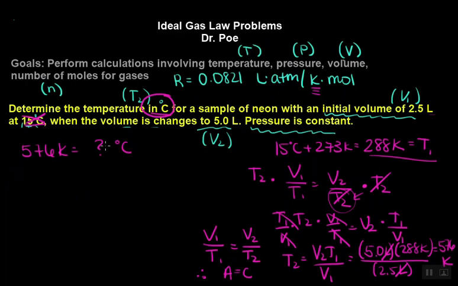So all we're going to do, we had to add to get Kelvin, so we're going to subtract it back out. 576 minus 273 equals 303. 303 degrees Celsius. And that is our answer.